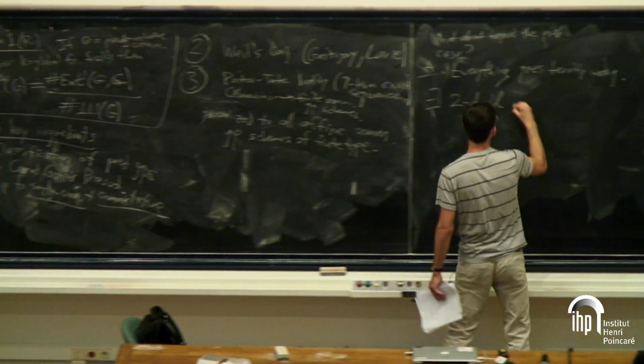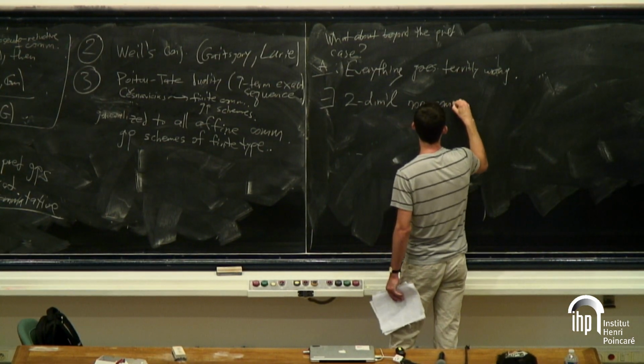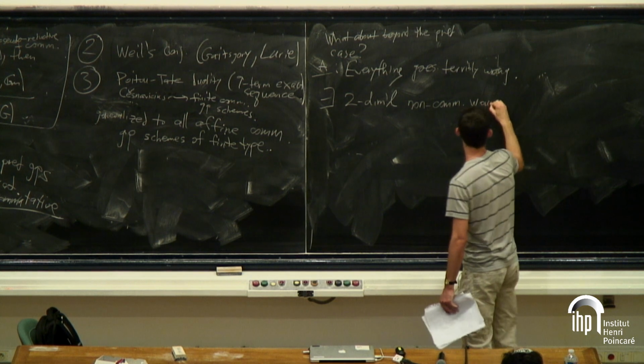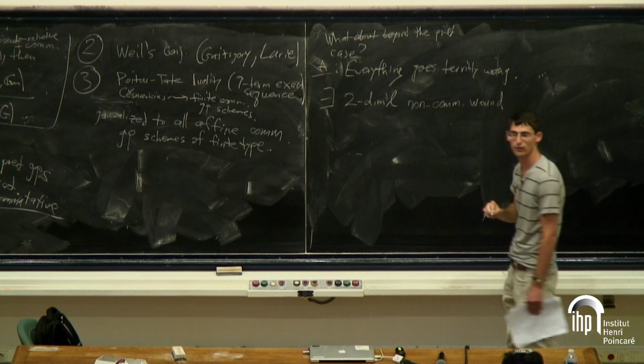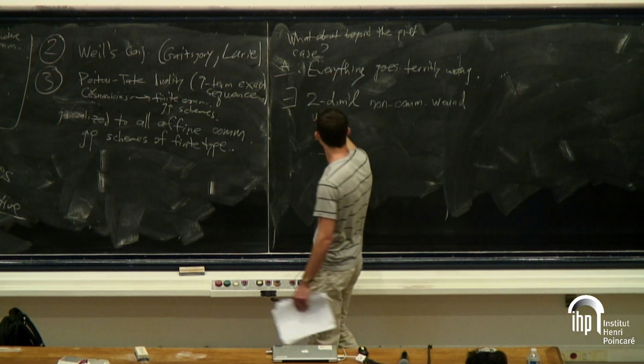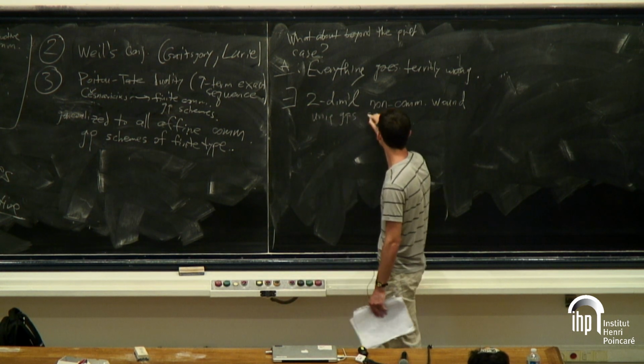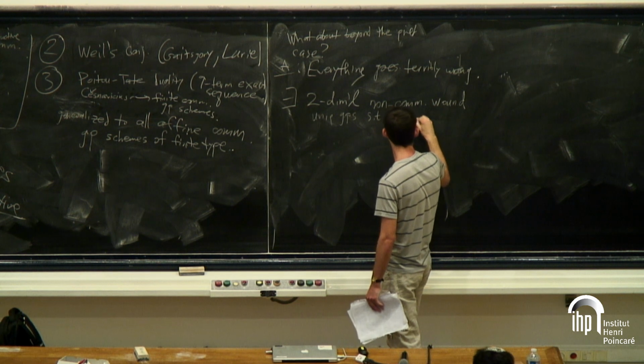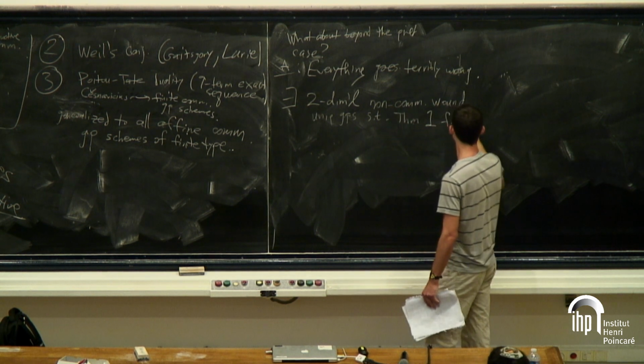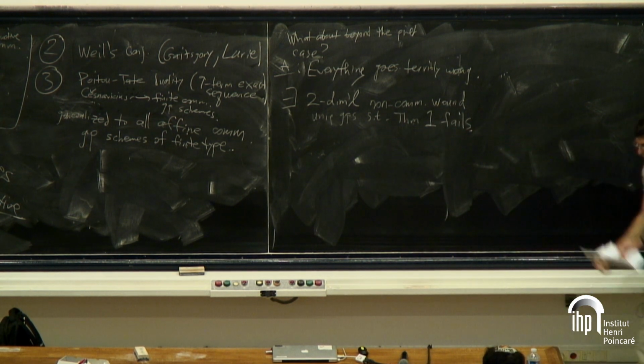So there exist two-dimensional non-commutative wound unipotent groups. Wound is like the analog for unipotent of anisotropic for tori. Wound unipotent groups in any characteristic, over function fields of any characteristic, such that theorem 1 fails. So the analog of BSD fails.